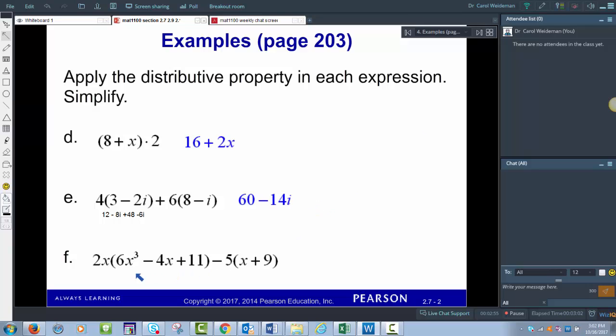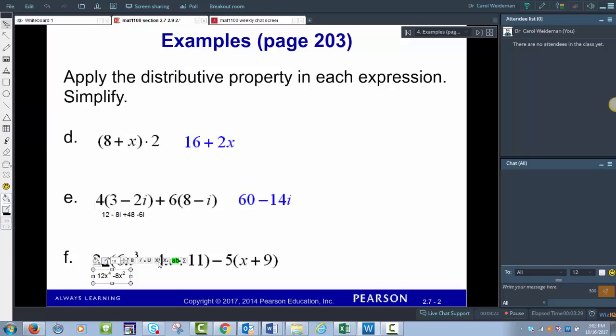And then down here, again, we're going to go ahead and distribute, and then we're going to combine like terms. So if we go down below and we distribute, and I'm going to type it down here, so 2 times 6 is 12x, and my exponent is going to be to the 4th power. And then I have minus 8x squared.